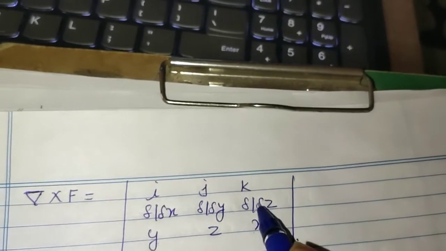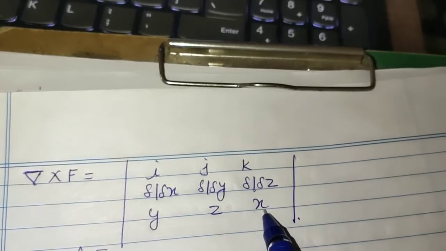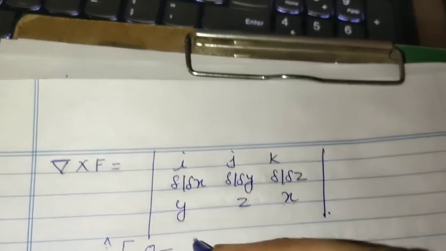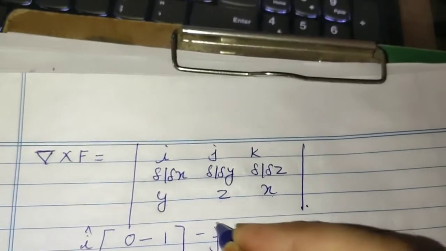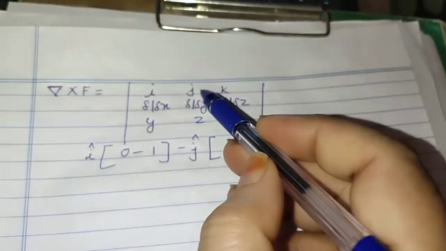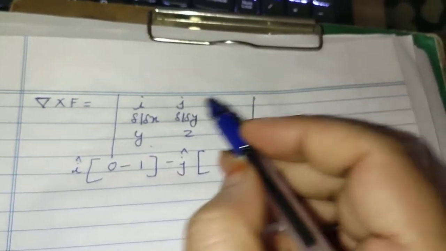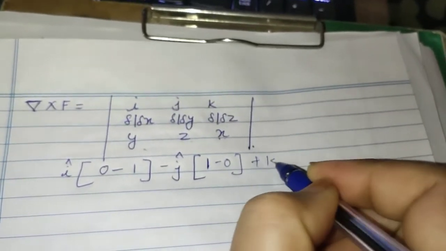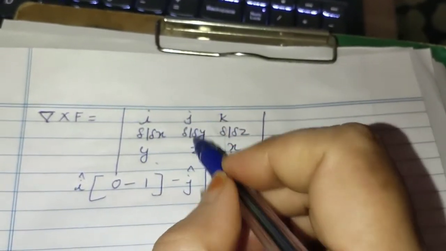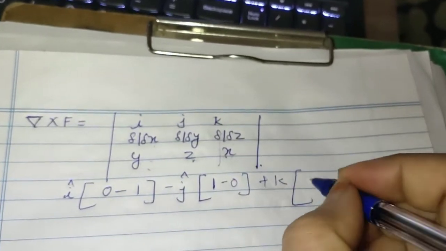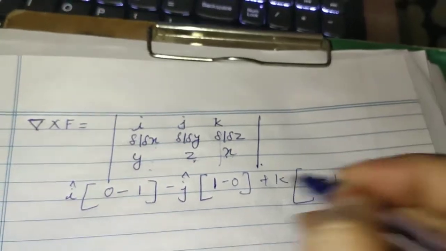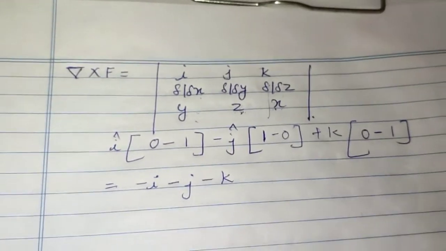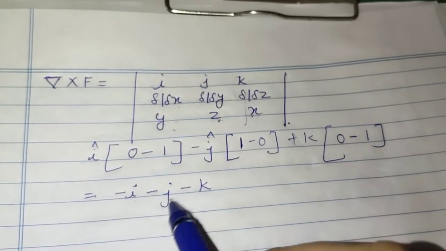We cross multiply: del by del y of x is 0, minus del by del z of z is 1. Minus j cap: ignoring this column and this row, cross multiplication: del by del x of x is 1, del by del z of y is 0. Plus k: ignoring this column and this row, cross multiplication: del by del x of z is 0, minus del by del y of y is 1. Then it will be minus i minus j minus k.